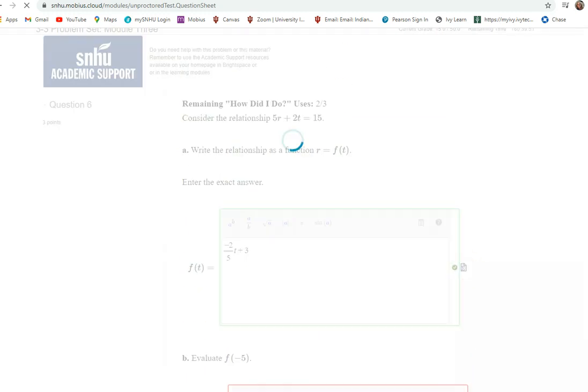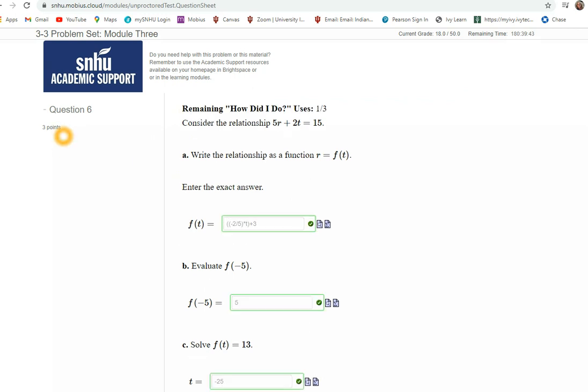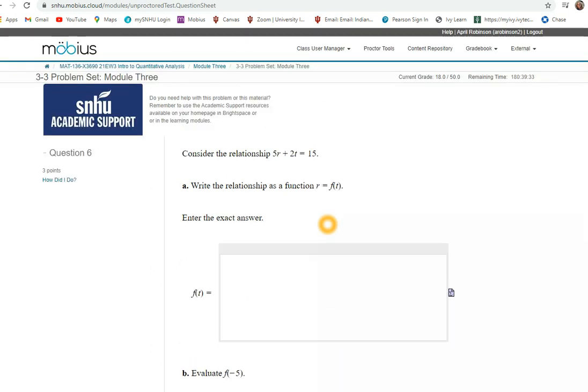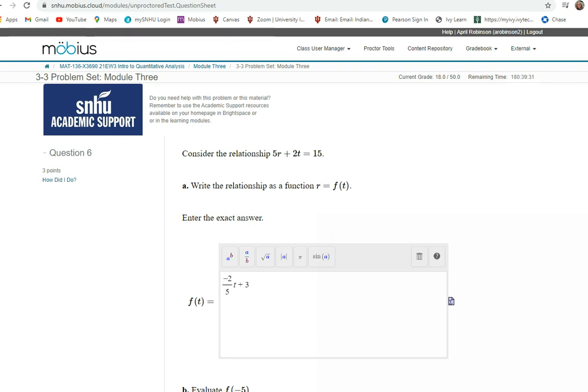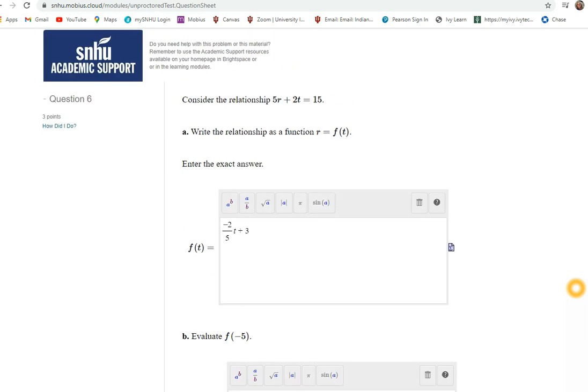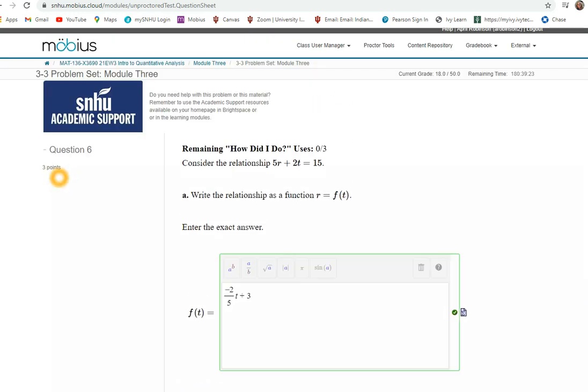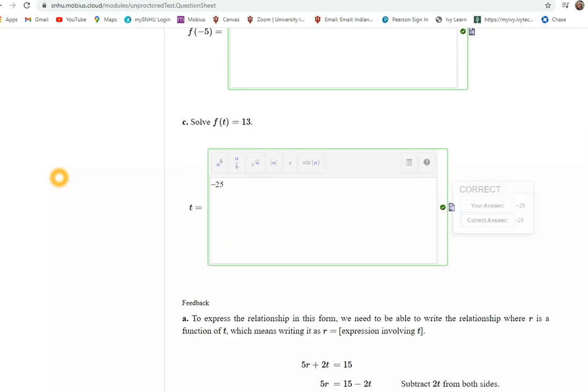I had messed around with it earlier. Okay, here we go. How did I do? There we go. Now I got them right. I had clicked on this to get it into where I could use the equation editor. There it was. And there's the other answers. So I had forgotten to backspace, I guess, or go back to fix it. There we go. All my greens.